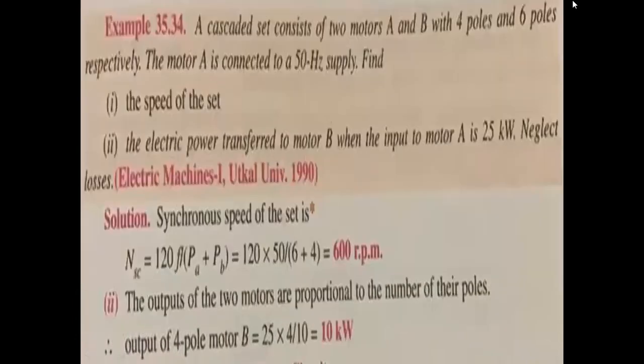Next problem. A cascade set consists of two motors A and B with 4 poles and 6 poles respectively. The motor A is connected to a 50 Hz supply. Find the speed, and the electrical power transferred to motor B, when the input to motor A is 25 kilowatts.